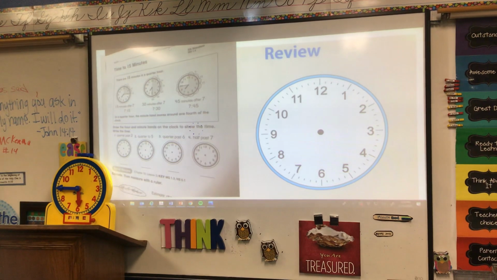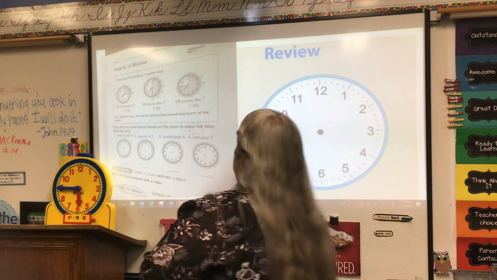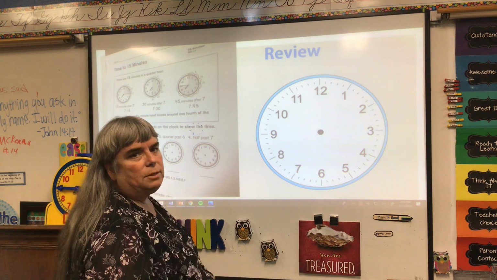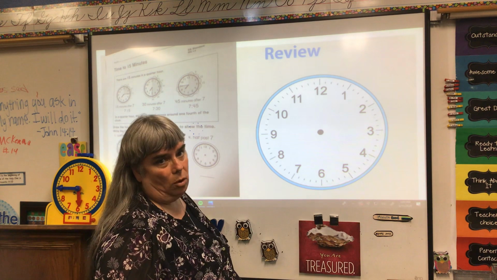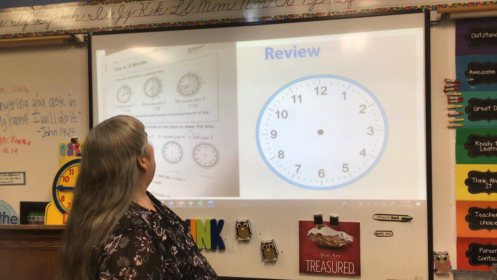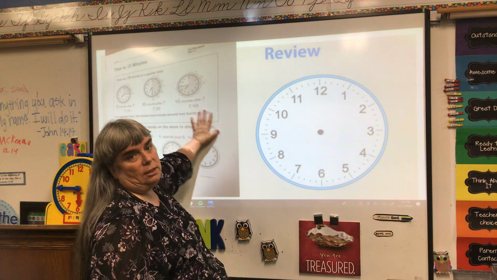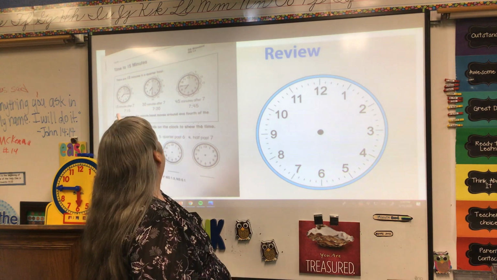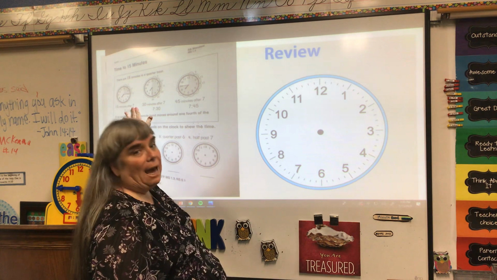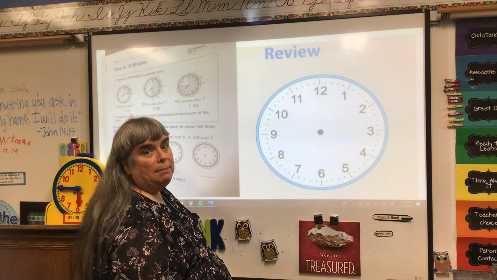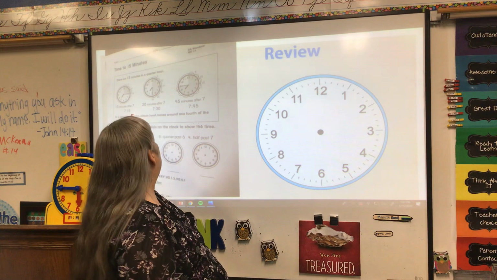Okay, this is just to review, because I want to talk about what we just talked about in terms of the word past and before, because that's really important. And one of the things I like about this slide is it reteaches everything that we were talking about. It says 15 minutes after 7 means the hour is 7 and the minutes are 15.